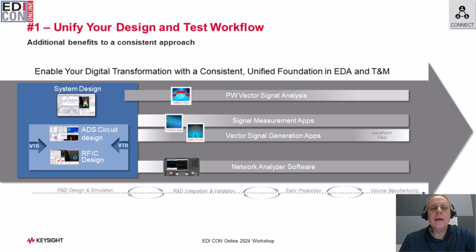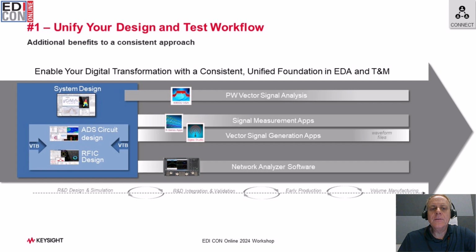If you look at the system level of EDA, you do a couple of things. One is you pull some of these measurement assets forward into the design space. You also can provide, through System View, virtual test benches for ADS and GoldenGate that allow you to use these things inside those environments without actually having to relearn a whole bunch of software.